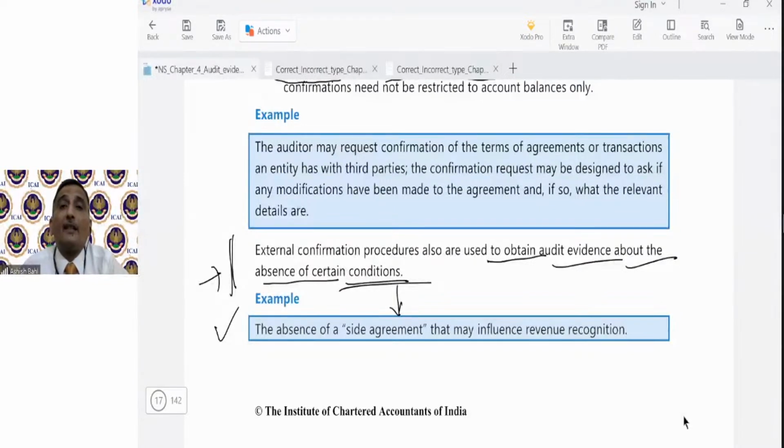So because such a thing may have impact on how sales are being recognized, how revenue is being recognized in financial statements. So therefore you have to understand that external confirmation requests are not confined, these are not restricted to account balances alone. Okay.